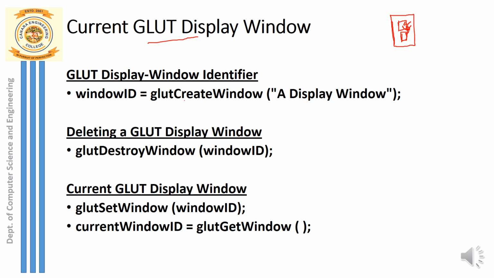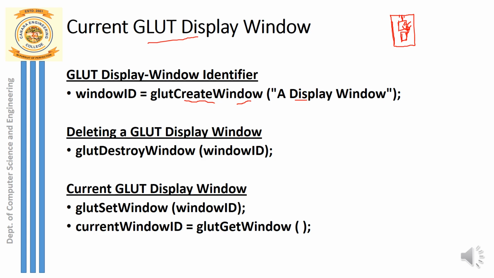As I already said, glut create window is the function which is used to create a display window. You give a specific title to that, and whenever you call this function, it returns an integer value. What is that integer value? It is a unique identification number that is assigned to the newly created display window.